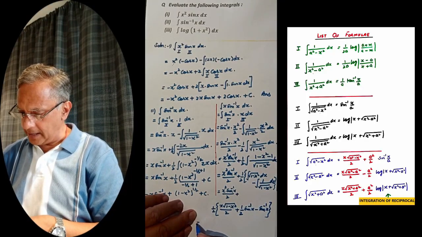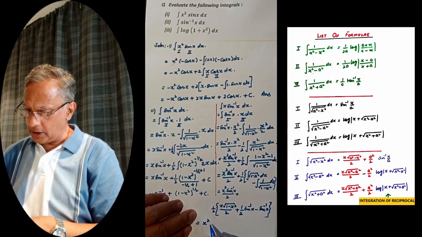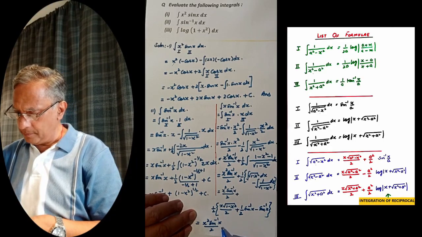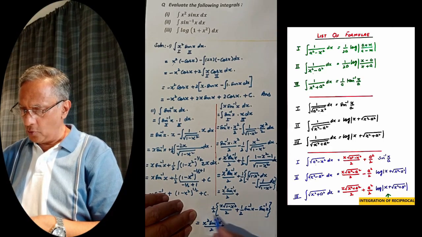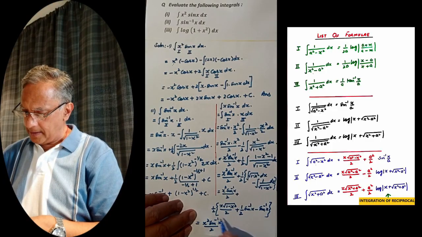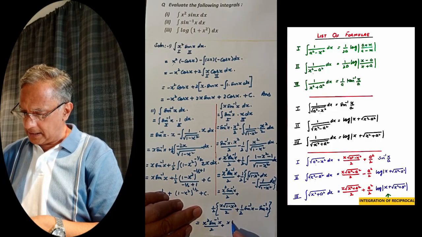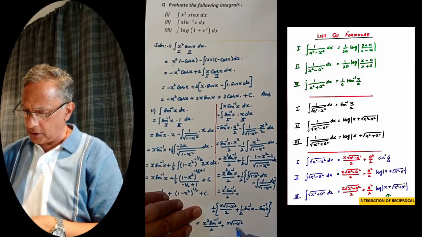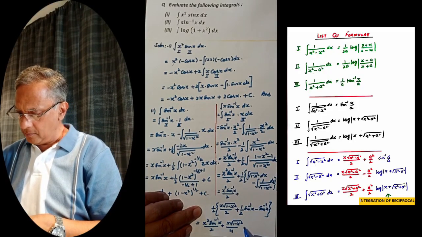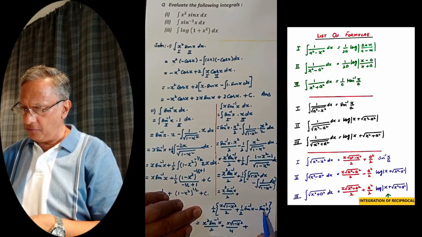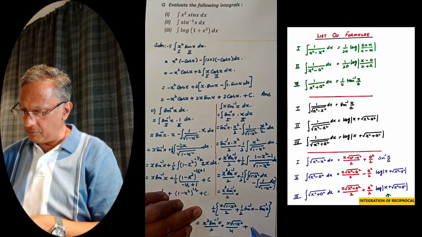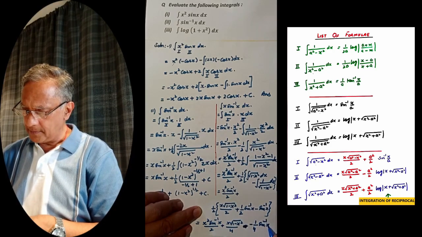Therefore this can be written as x square sine inverse x by 2 plus, open this bracket, we will have x under root 1 minus x square by 4 plus, now half minus 1 is minus half, so minus half into half is minus 1 by 4, so we will have minus 1 by 4 sine inverse x.